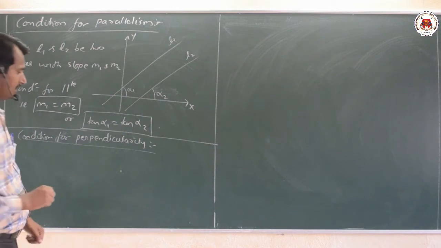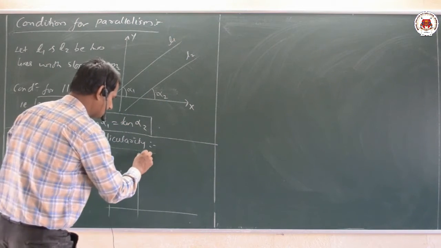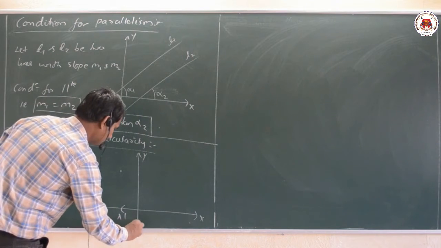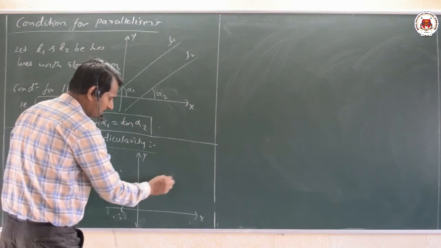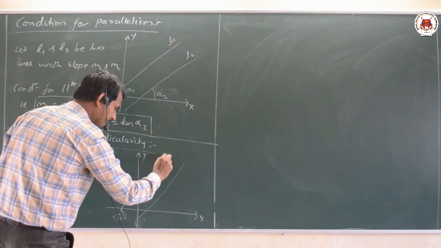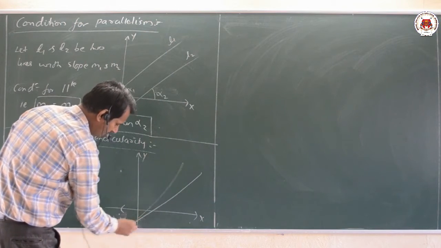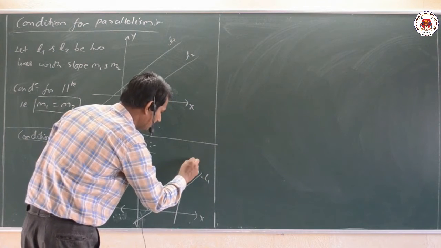Condition for perpendicularity. Let us take two lines which are perpendicular to each other. It is our y-axis and our x-axis, x dash and y dash. Now I will take two lines here, line L1 and line L2.